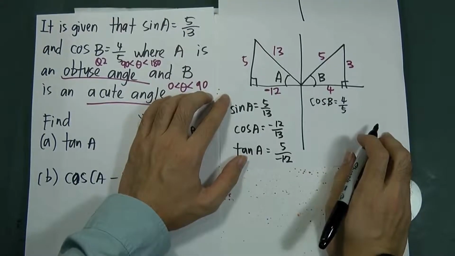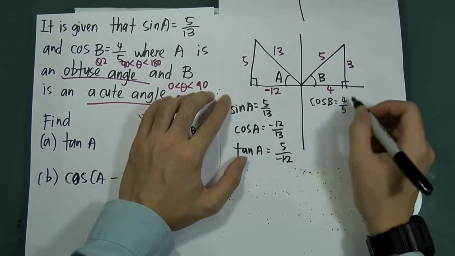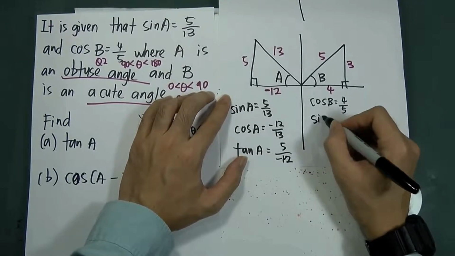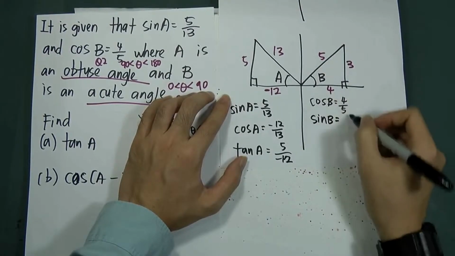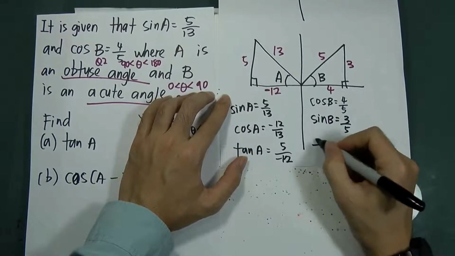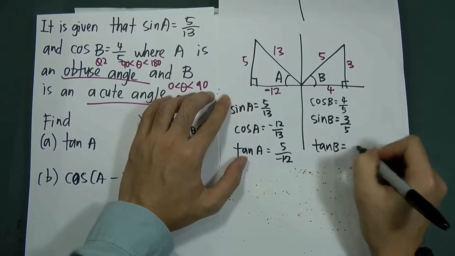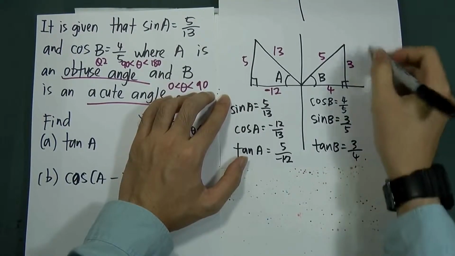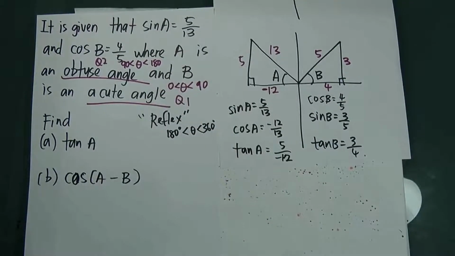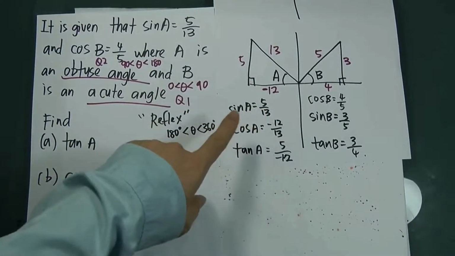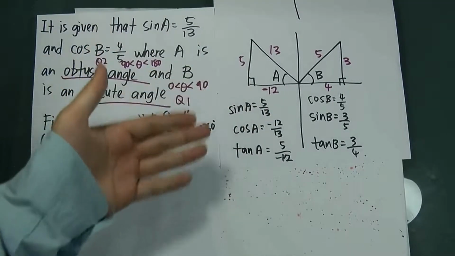And then for B, we have cos already, so sin B equals 3 over 5, and tangent B equals 3 over 4, which is opposite over adjacent. After you have all of this information, it's super easy to solve the question. Just memorize how to draw this and how to find all the sine, cos and tangent.